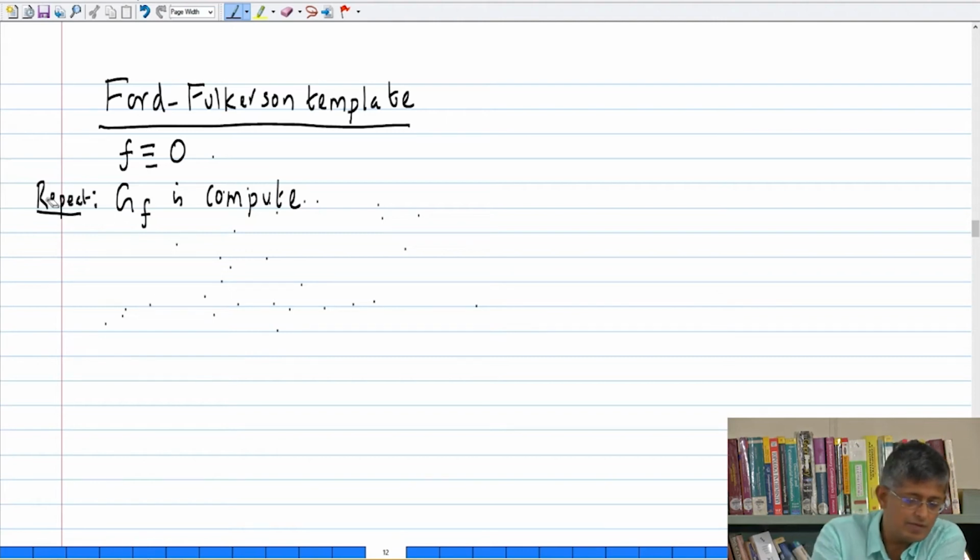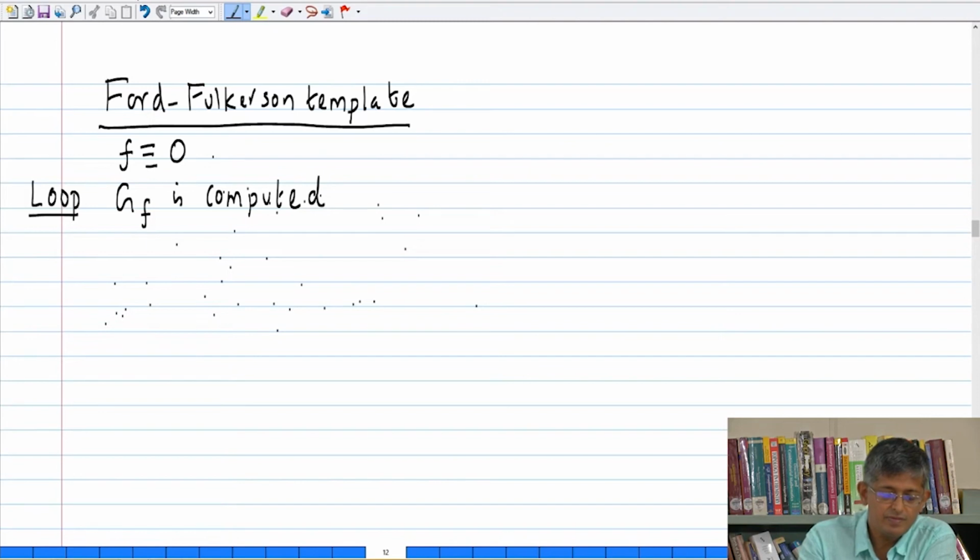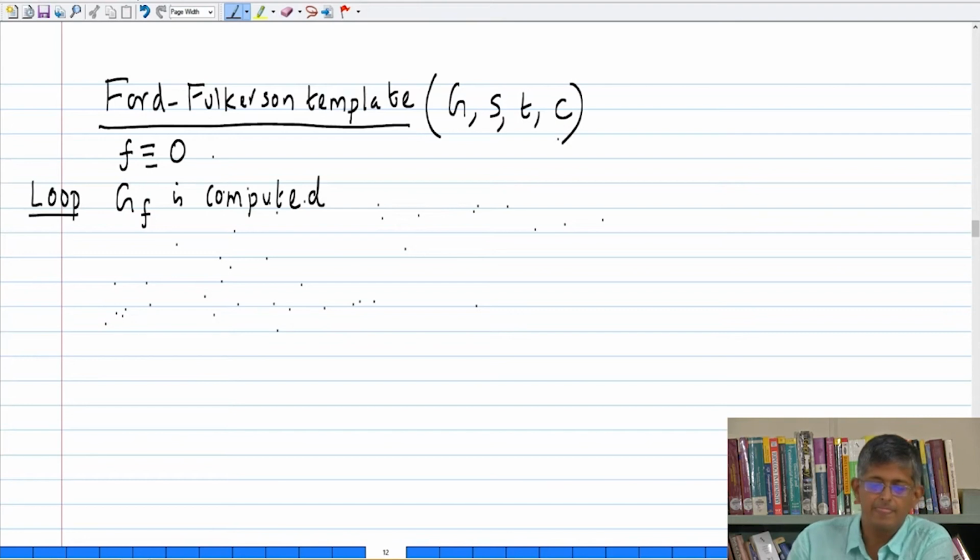Or rather, let me call it loop. You compute GF on the directed graph G for S comma T with capacities C. I will define what GF is, and GF is called the residual network.